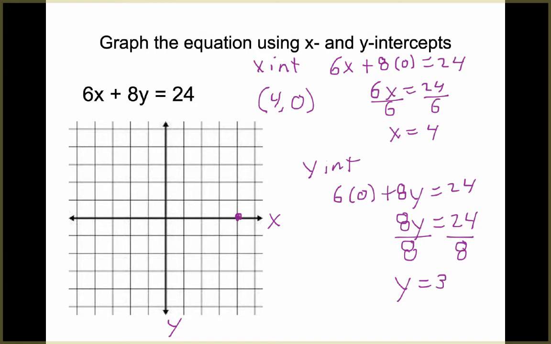So our y-intercept is the point (0, 3). And we'll go up 3, and we will connect them with a line. And there we have graphed using the x and y intercepts from standard form. That should be a reminder of what we did yesterday.